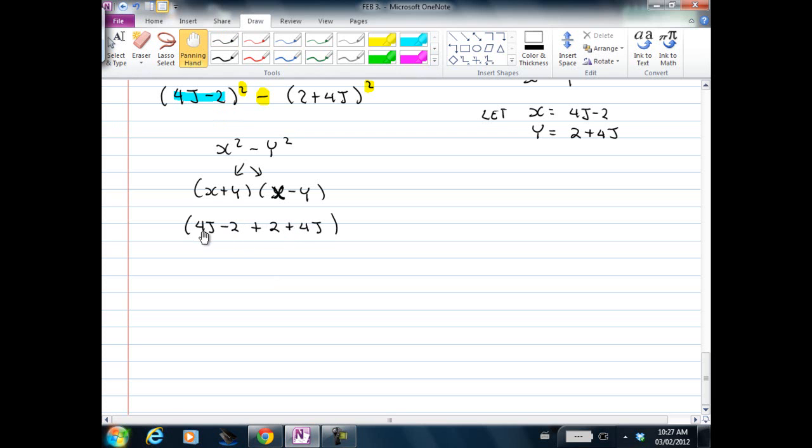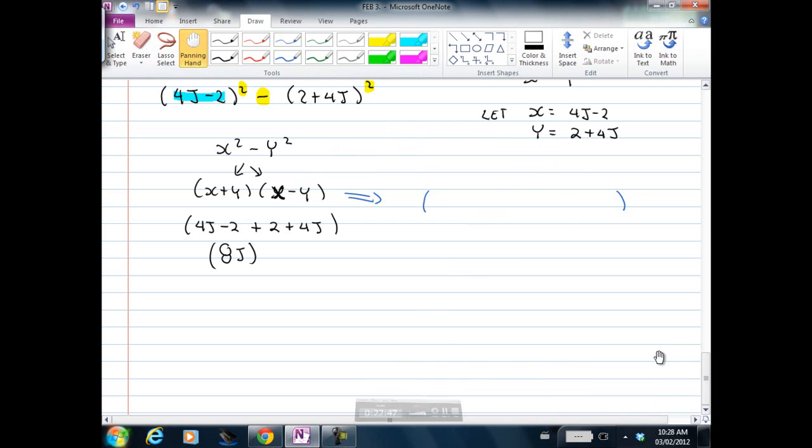Okay, 4j, 4j. Hey, that gives me 8j. So the first bracket becomes 8j. The second bracket is a bit trickier. I'm going to let you have a few minutes on your own. This is x minus y. I want you to sub this into here and tell me what the second bracket becomes.